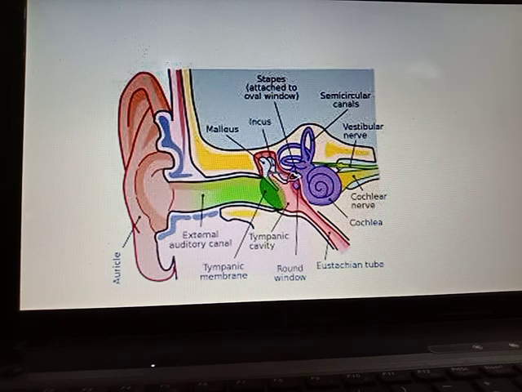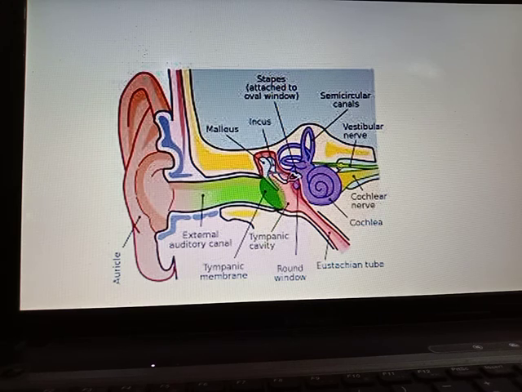It has mainly three parts: pars externa, pars intermedia, and pars interna. The pars externa is directed forward, upward, and medially. The pars intermedia is directed backward, upward, and medially. And the last part, the pars interna, is again directed forward, downward, and medially.